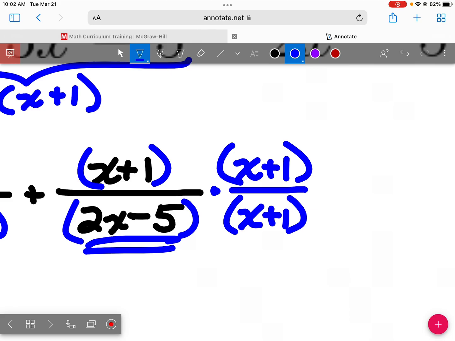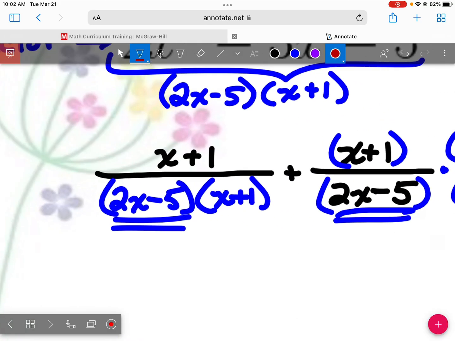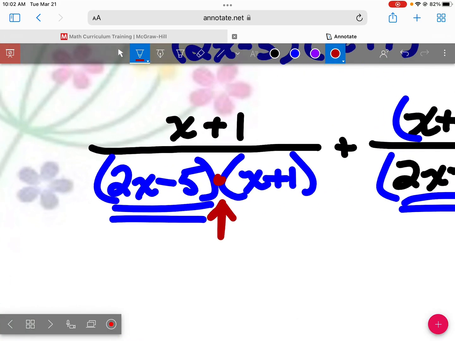We're multiplying because I need the denominators to be the same. And in the first fraction, there's not anybody here. In this fraction right here, these two factors are being multiplied. By definition, that's what we find when we factor, is two things being multiplied together. So I need it to be exactly the same on the other fraction, so I'm going to have to multiply, and I have to do it to the top and to the bottom.